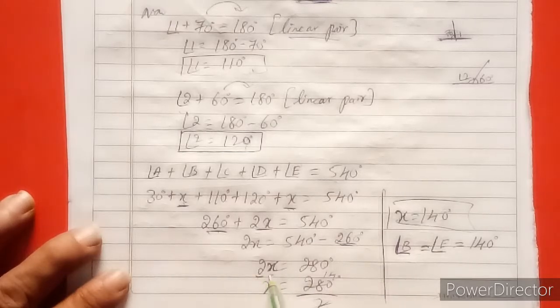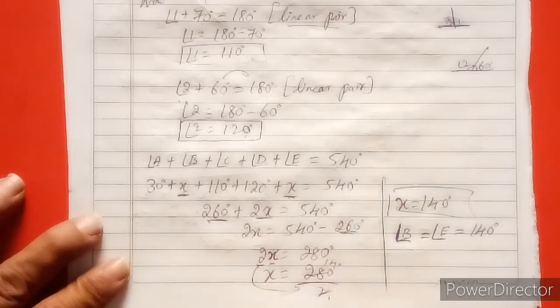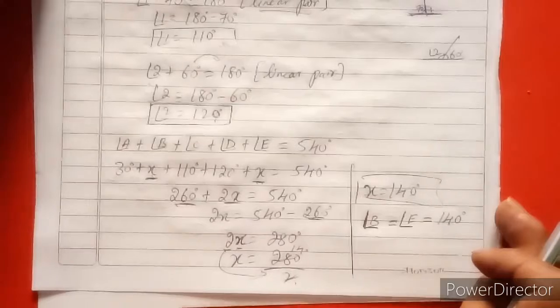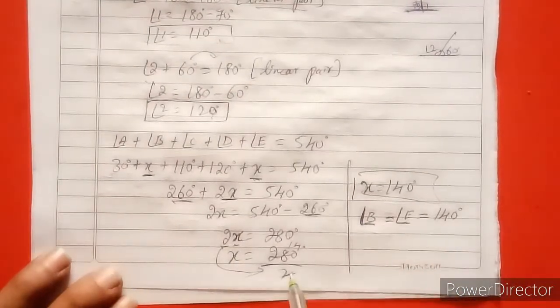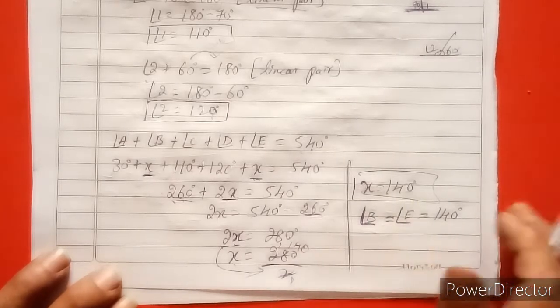There is no sign between 2 and X, so it is a product, and if I transpose the 2 it becomes a denominator. Then we cancel, and X is equal to 140 degrees.